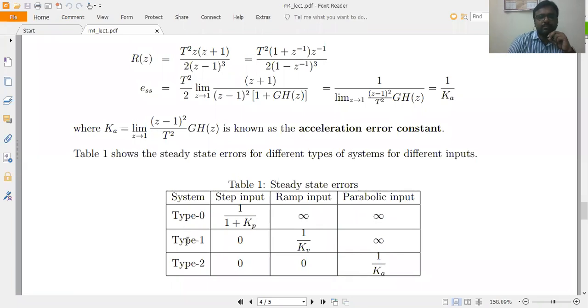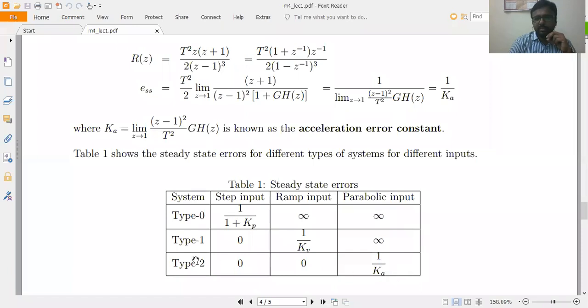And for type 1 systems with step input, the value is 0, for ramp input it is 1 by Kv, and for parabolic input it is infinity. For type 2 systems, the steady state error for step input is 0, for ramp input is 0, and for parabolic input is 1 by Ka.